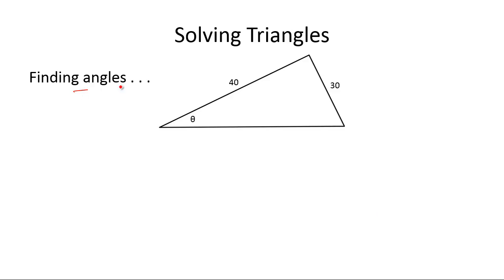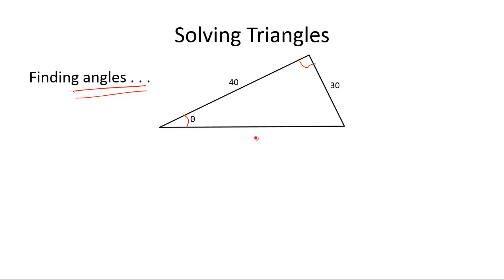But what about finding angles? Well, to find an angle, there's something also on your calculator that allows you to find what angle creates a particular proportion, and that's found with your inverse buttons. So let's check this one out. We'll follow the same thing. Let's label our sides.